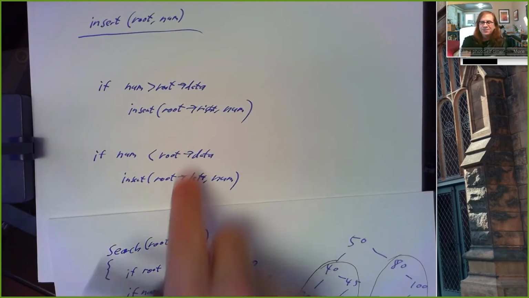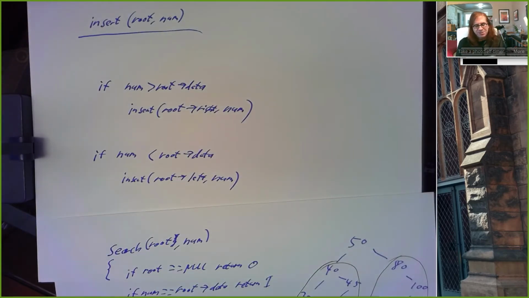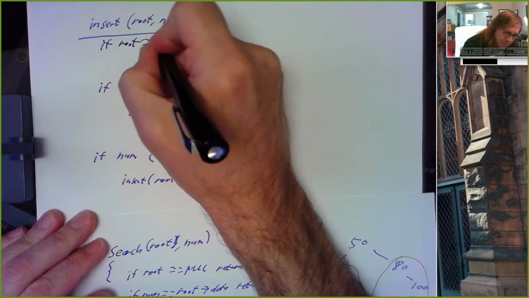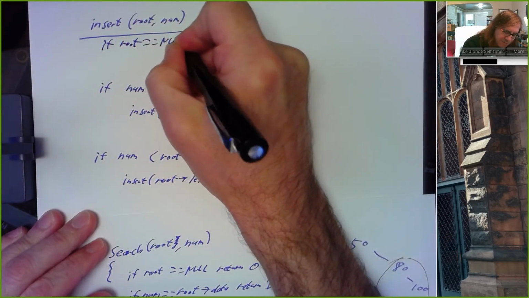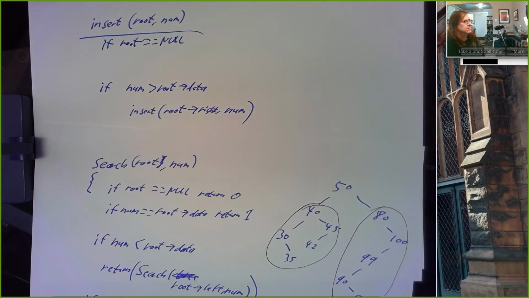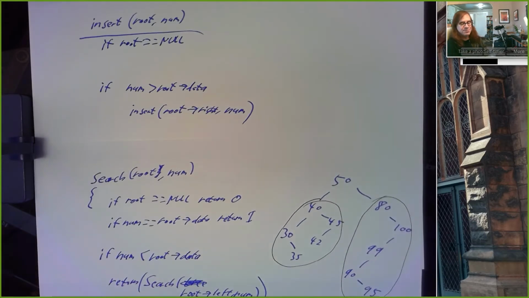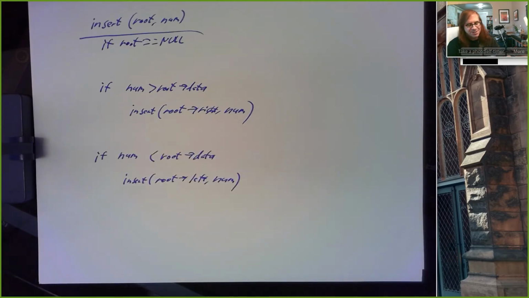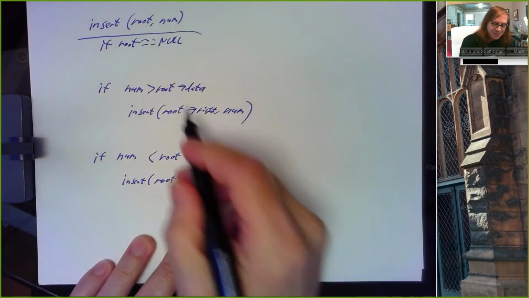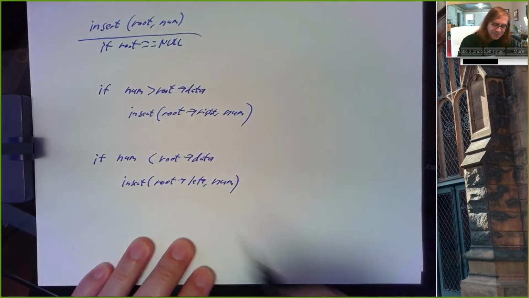There is no right subtree, and if we try to access root right, that's going to segfault. So we have an extra case up here. If our root is null, and we have to check that even before we check to see if root left or right is null, because if we said root left, that would segfault right there. But if we take care of this case right here, we can avoid ever doing any of these things.